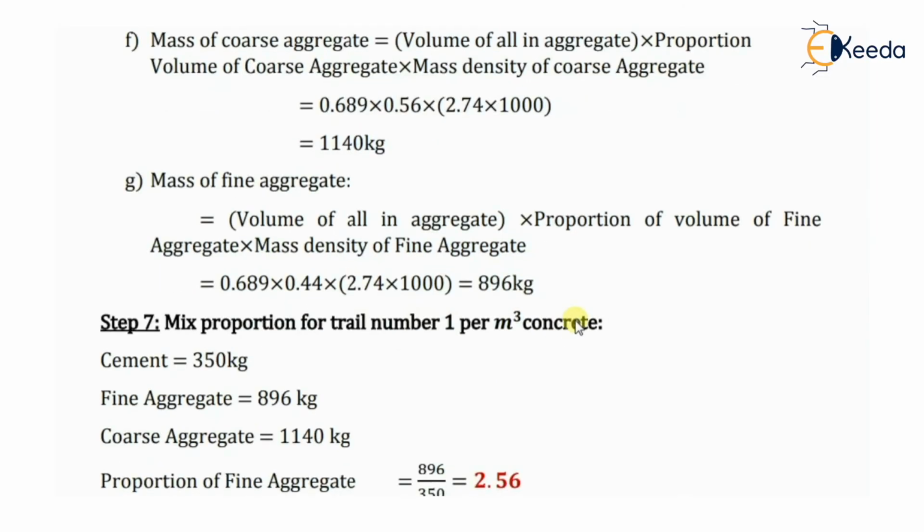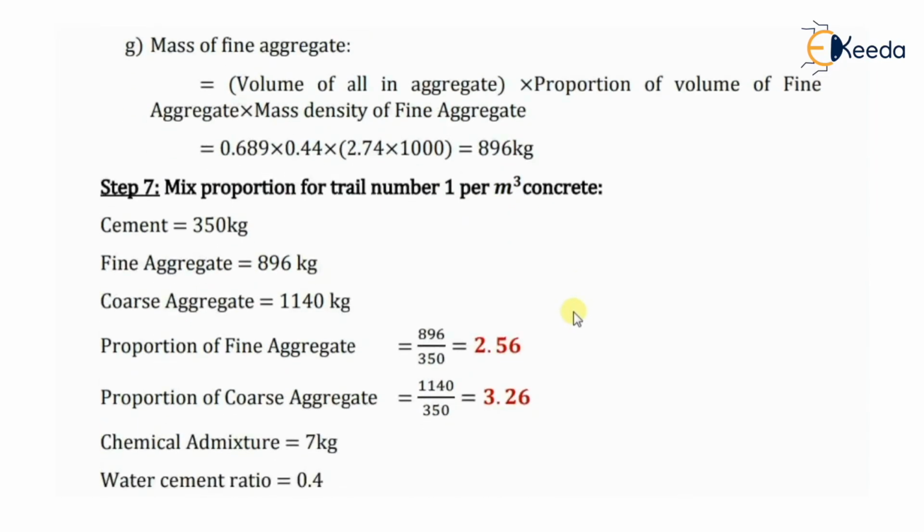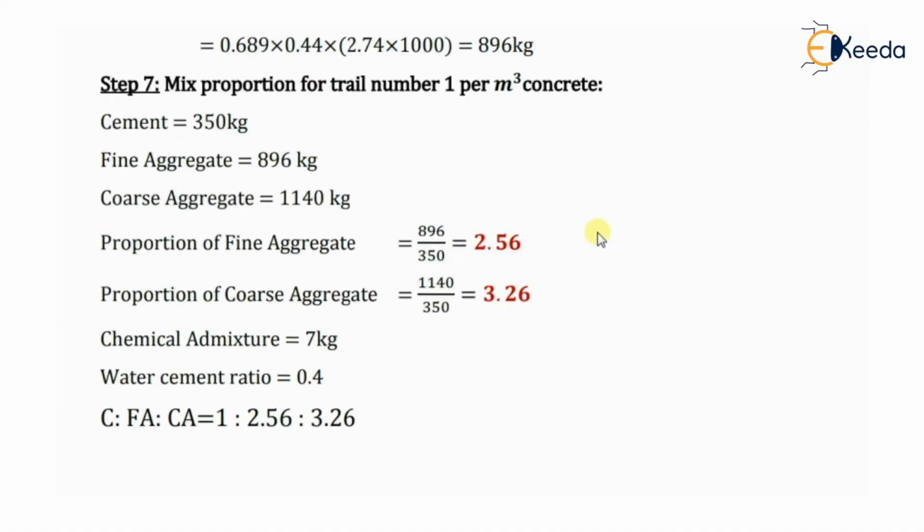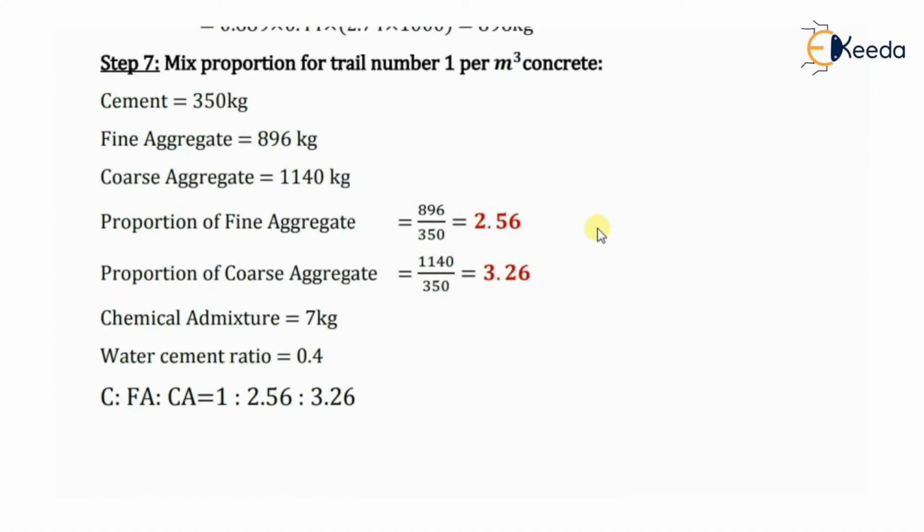And the last step is the mix proportion for trial 1 for per meter cube of concrete. So cement we have calculated as 350 kg, fine aggregate as 896 kg, coarse aggregate has come as 1140 kg.